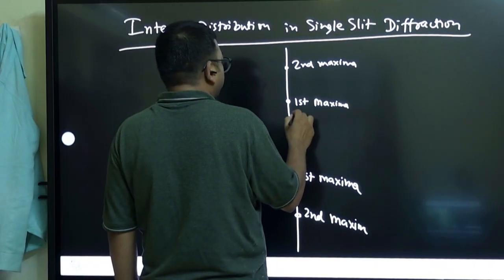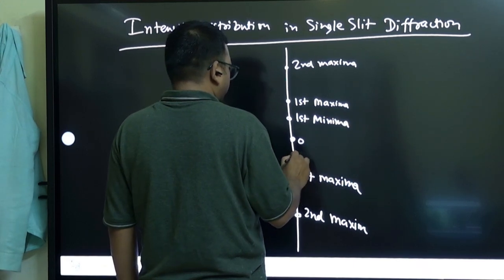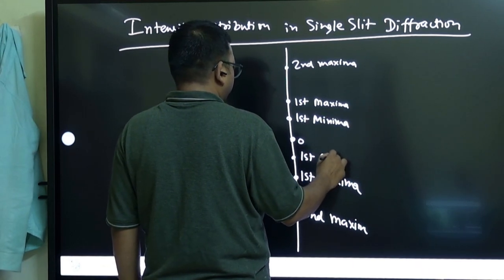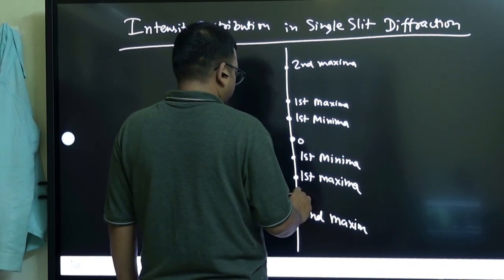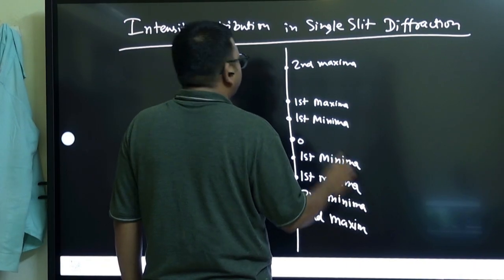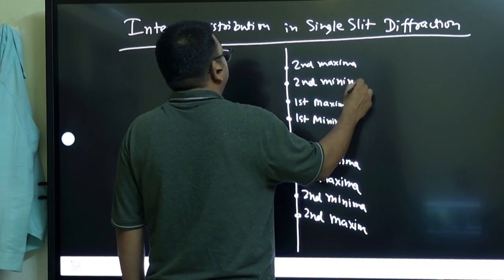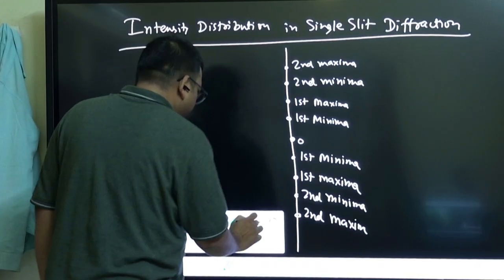In between there will be minima, so the first minima, here also the first minima, the second minima, here also the second minima. So how does the intensity pattern look?